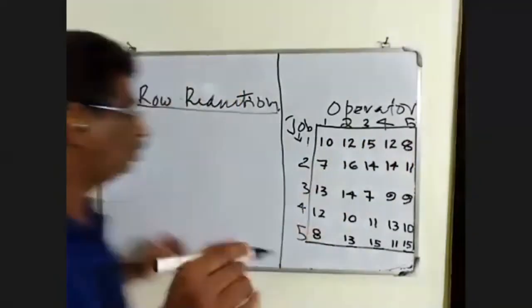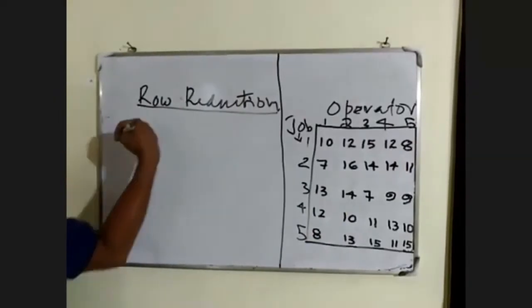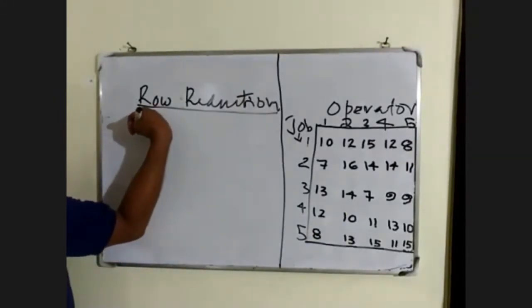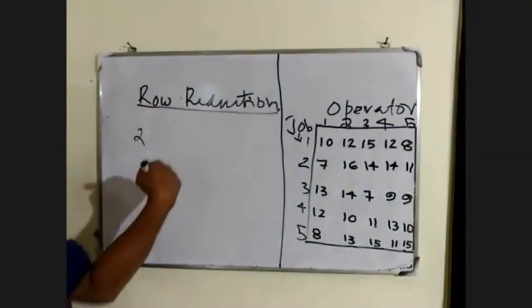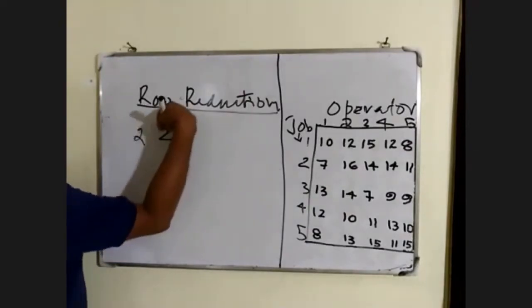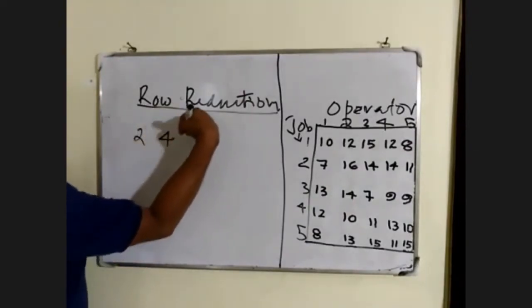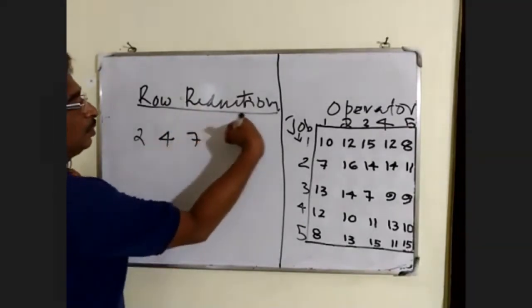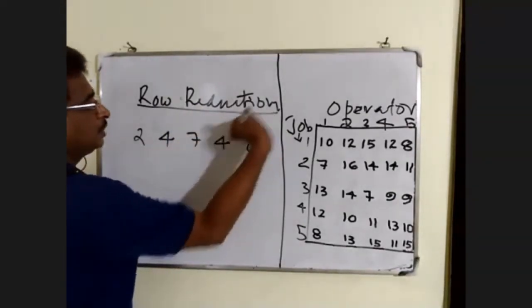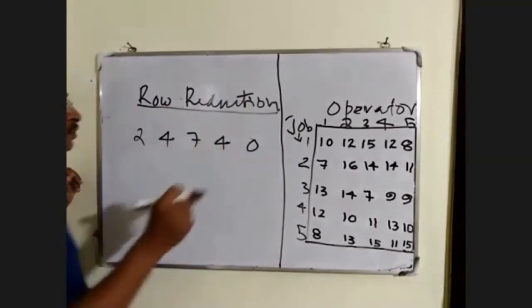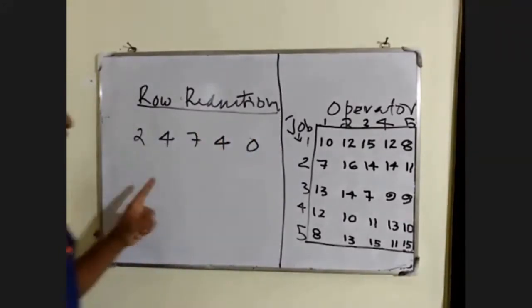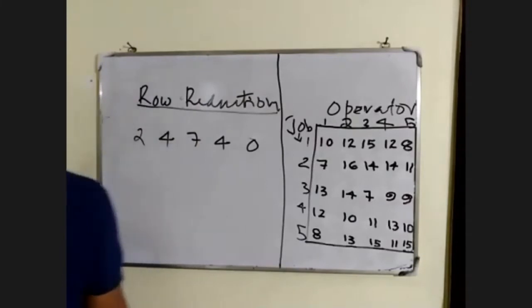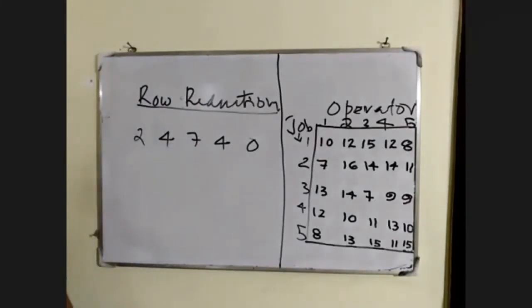So 10 minus 8 is 2. 12 minus 8, 4. 15 minus 8, 7. 12 minus 8, 4. 8 minus 8, 0. We have to subtract the minimum element from all the values. That is known as row reduction. So 2, 4, 7, 4, 0.